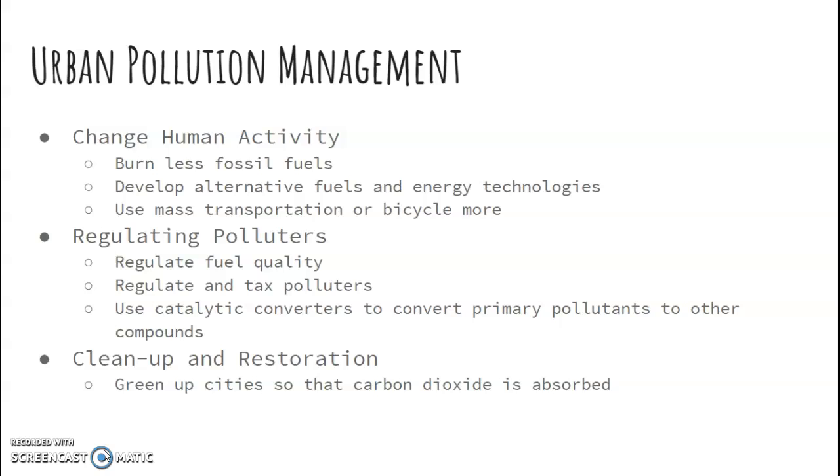Make sure that we're not getting fuel that's got a lot of sulfur in it and other potential pollutants. Make sure that cars have efficient catalytic converters and that they haven't been removed from vehicles. And we also need to green up the city so that carbon dioxide that we do produce can be absorbed.